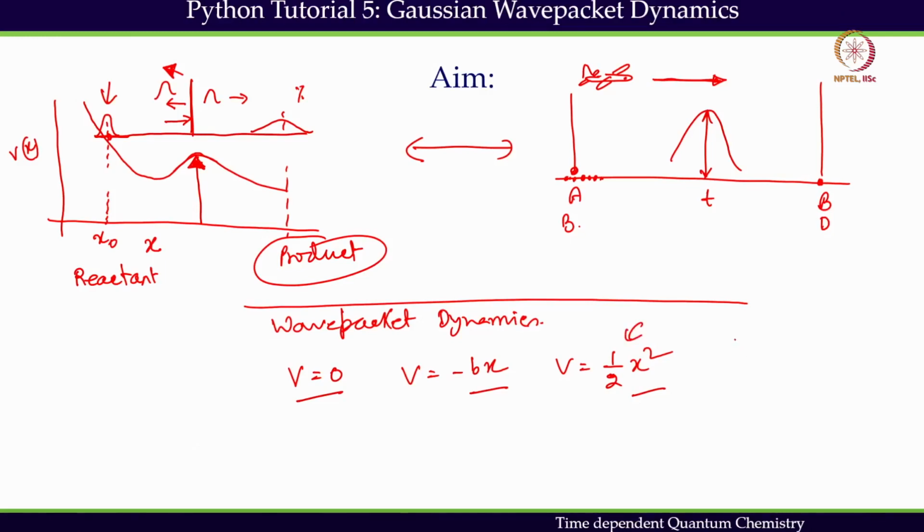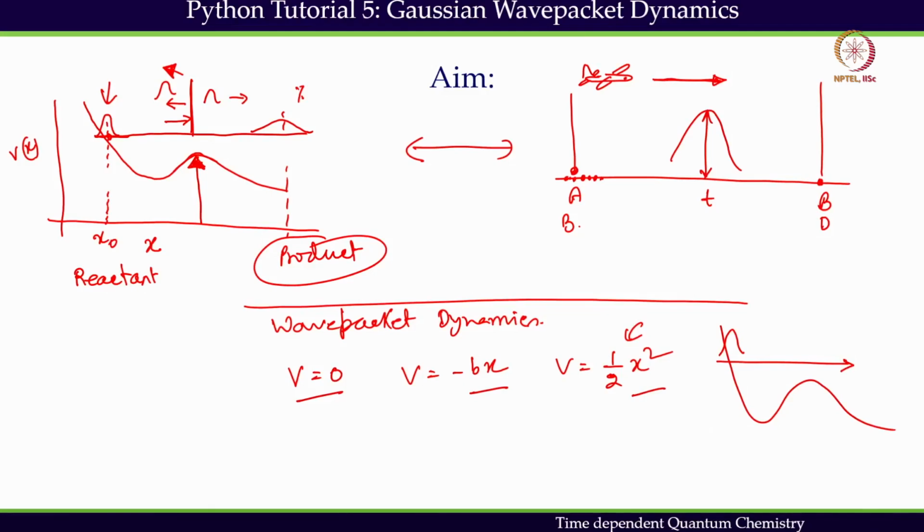In a practical scenario, my potential may have this kind of shape, which is neither linear nor quadratic. We have to create our own potential, and based on that potential we have to propagate it. In that case, we need the numerical solution to this wavepacket dynamics, which is very important for practical application, and we'll go over it.